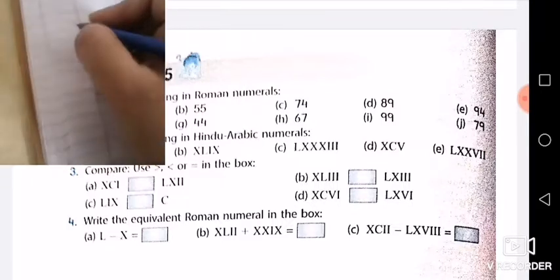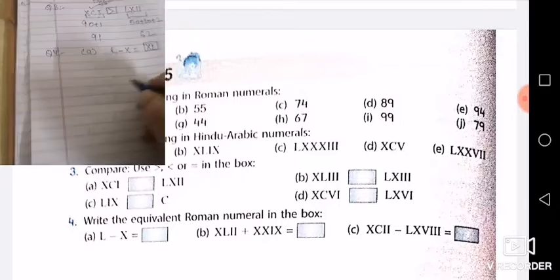For example, A part is L minus X, which means 50 minus 10, 40. Write the equivalent Roman numeral. 40 is XL.